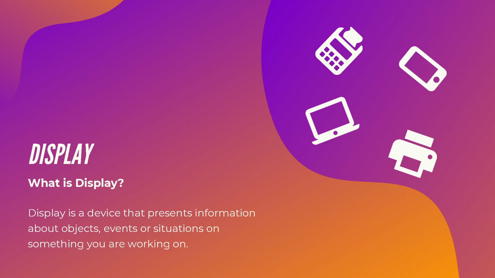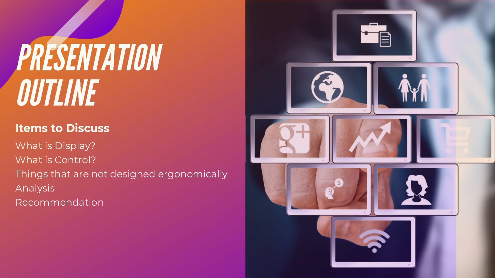Before we get to the definition of display and control, we are going to talk about what display and control is in general. Display and control is the process by which information exists between humans and machines.